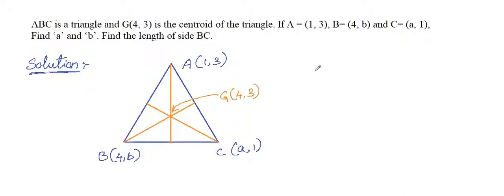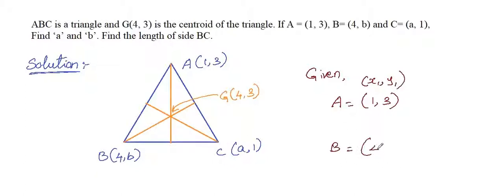Now use the centroid formula and find the values of A and B, and we can find the length of the side BC by using the distance formula. So just write down the given points A, B and C, and let those points be (x1, y1), (x2, y2) and (x3, y3), and then write down the centroid formula.